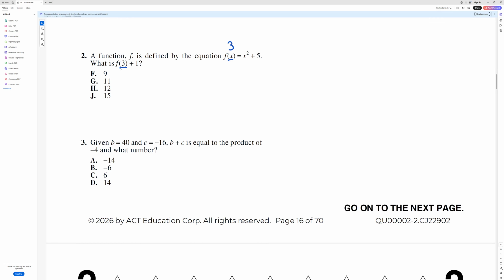That's equal to 3 squared plus 5. So that's 9 plus 5, which is 14. However, we have a plus 1 at the end of all that. So we add 1, and my answer is 15. That is answer J.